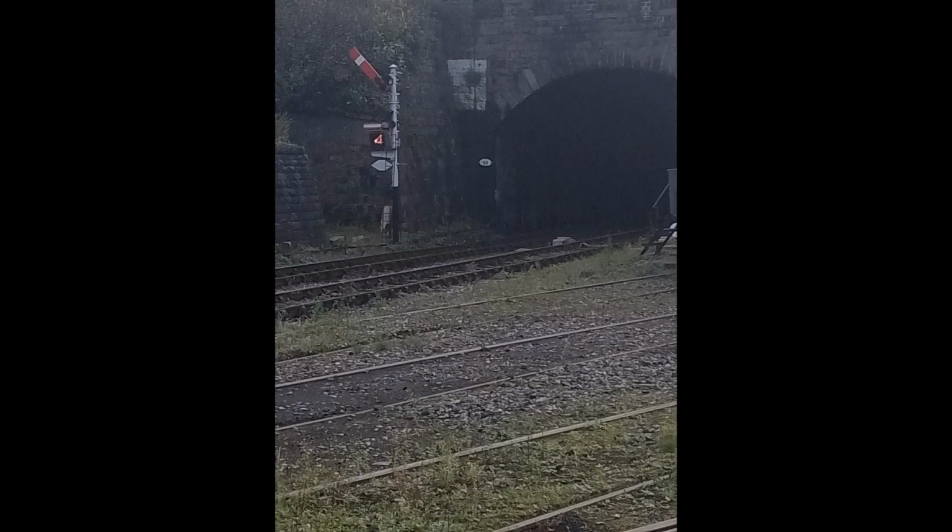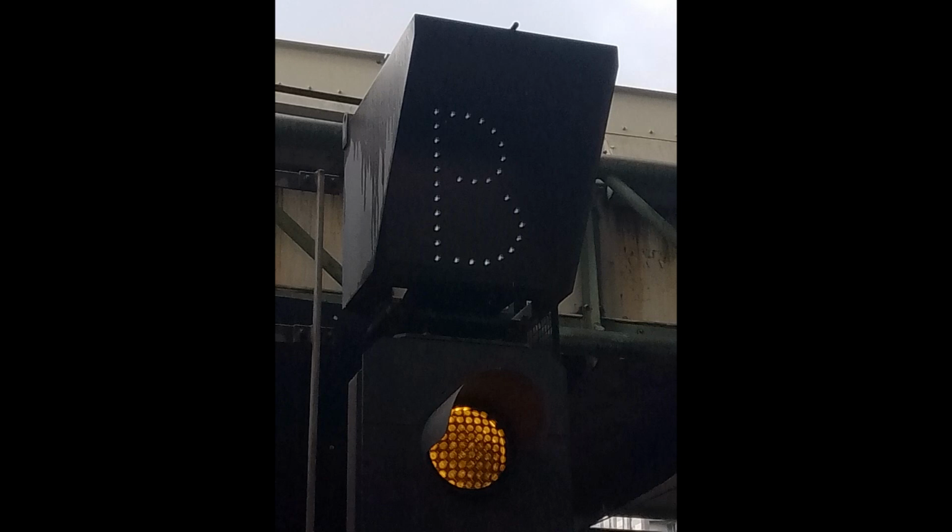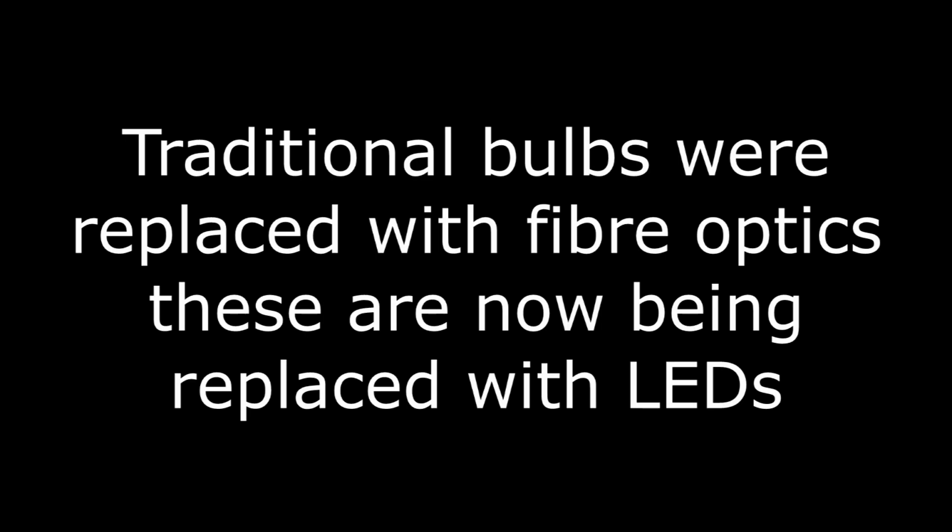If it was going into platform 3, we'd have a number 3. And on this line the train can't be signalled into platform 1 because platform 1 is a bay platform from the other direction. The indicator shown is known as a theatre indicator, and it can display multiple letters and numbers.